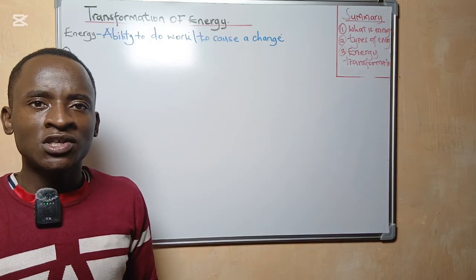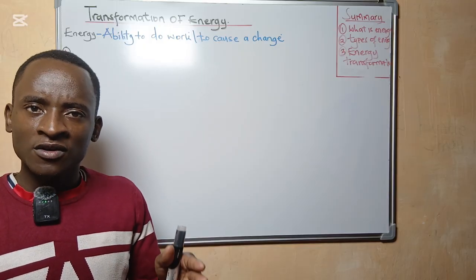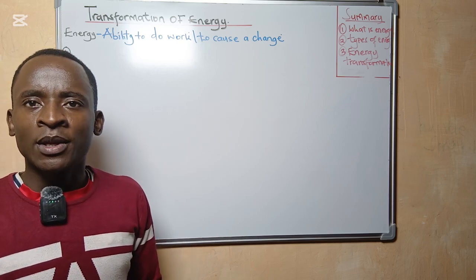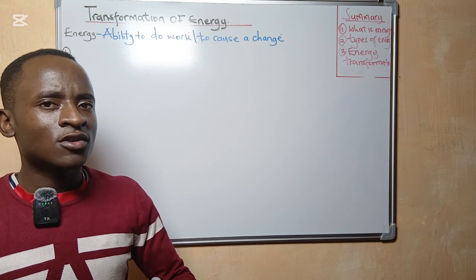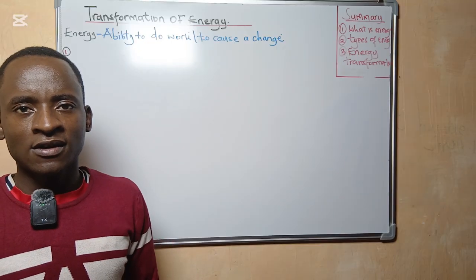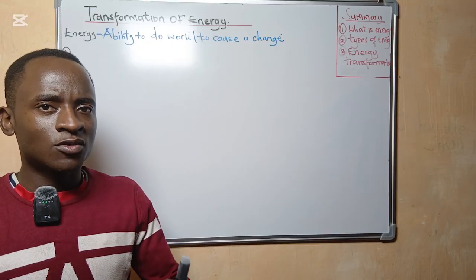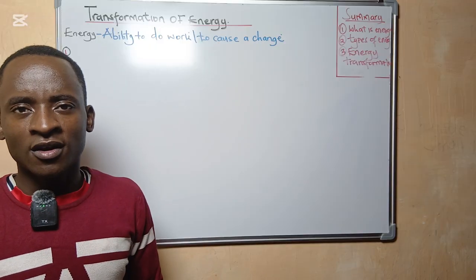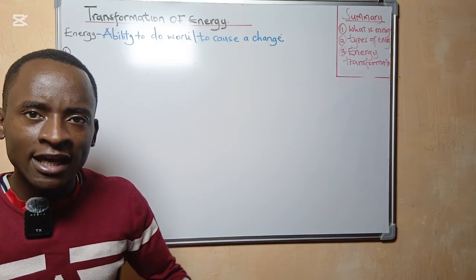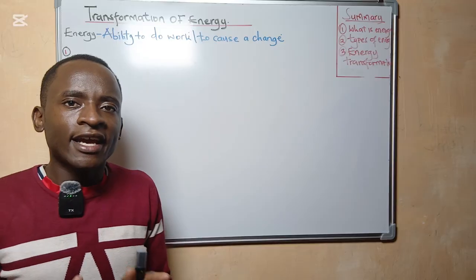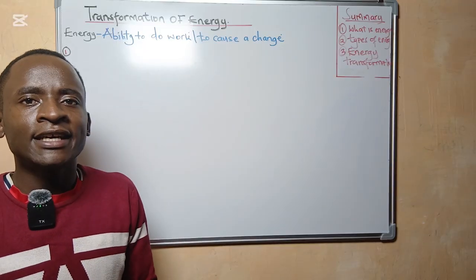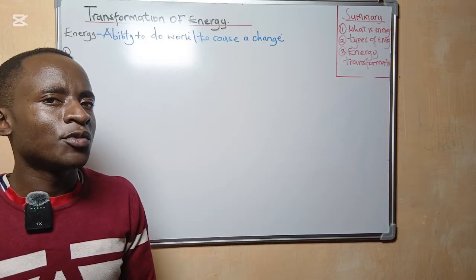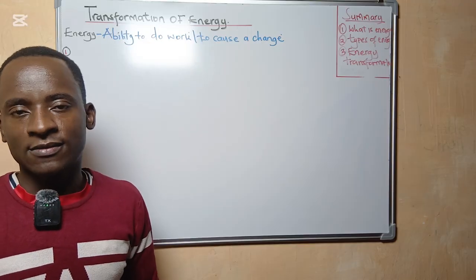We need energy to move various objects from position A to B. The motor industries or the motor vehicles need energy to ease the transportation from point A to B. So we are living with energy. And energy is the one that is sustaining life on the earth. This is the main reason why we need to study about energy.